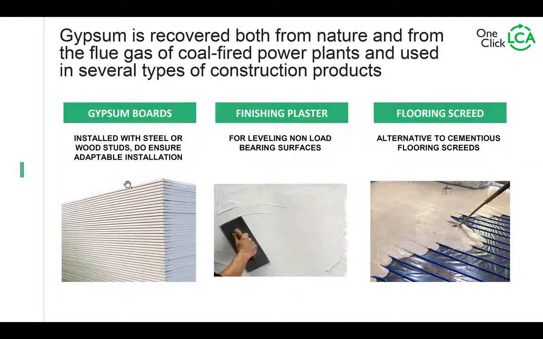Gypsum boards can be used for ceilings, they can be used for walls. When they are used for internal walls, they are installed with steel or wood studs. And here again, I do encourage you to ensure adaptable and dismountable installation. Gypsum boards are quite massive, and they can be used in quite significant quantities in a building, especially in a wood building.